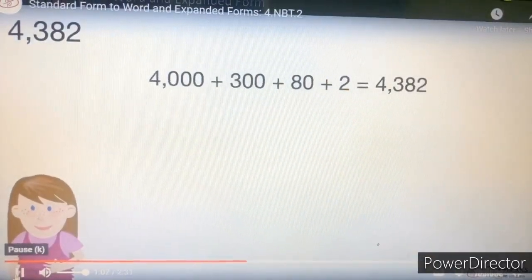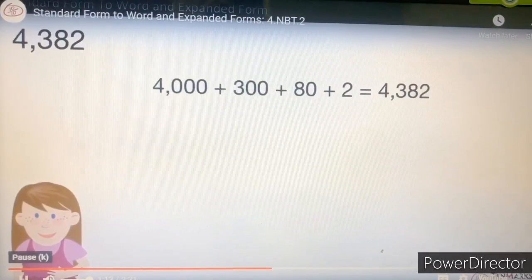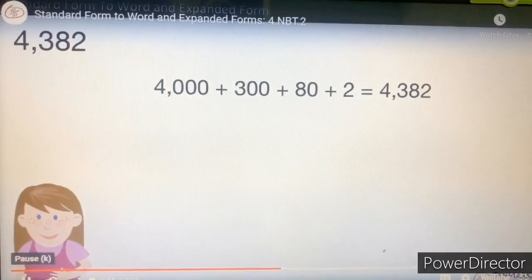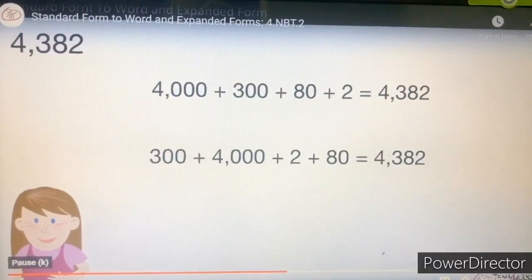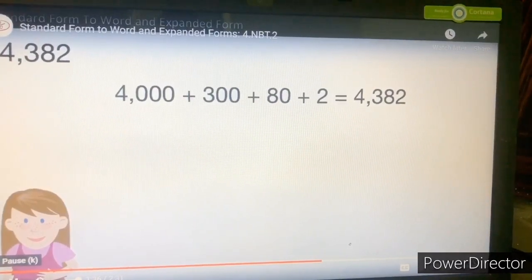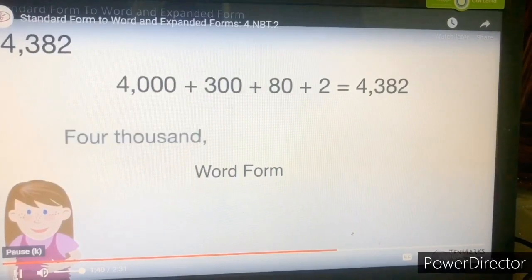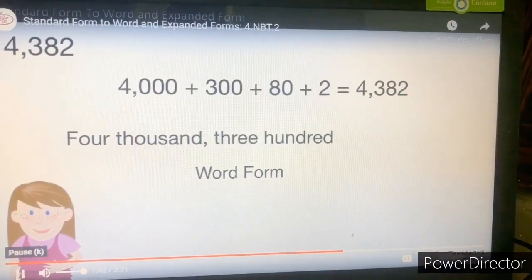Remember, changing the order of the addends does not change the sum. That means we can write the expanded form of a number in other ways too. This means we can write 300 plus 4,000 plus 2 plus 80, or even we can use this information to help us write the number in word form. So 4,382.